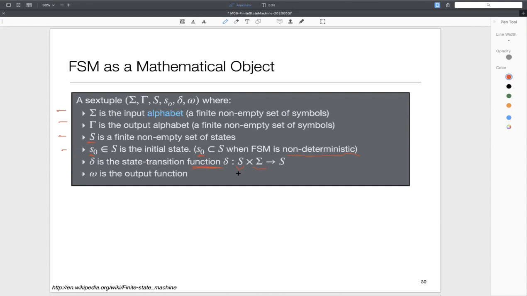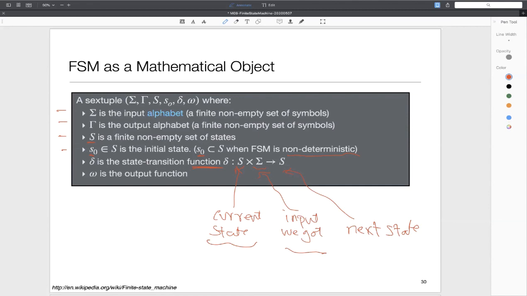So this is the current state, gamma is the input, what we got, and this is telling me what the next state is. It's a function which takes two values, the current state and the input symbol, and tells me the next state. Essentially, this tells me what the edge is in my finite state machine graph.